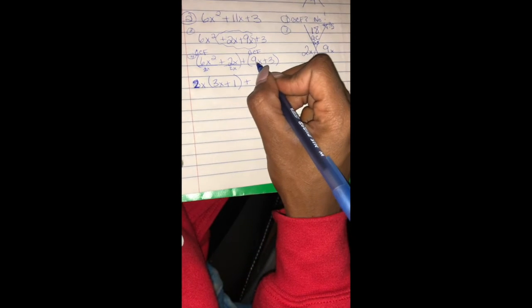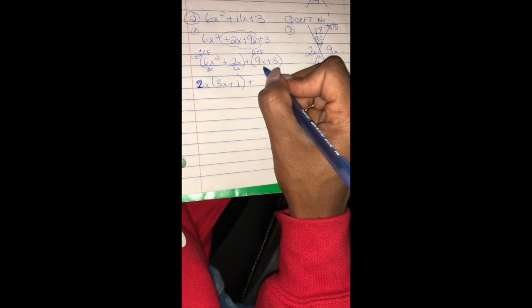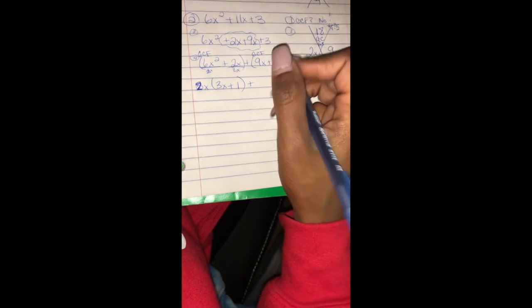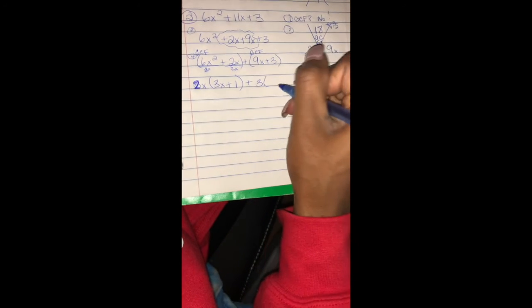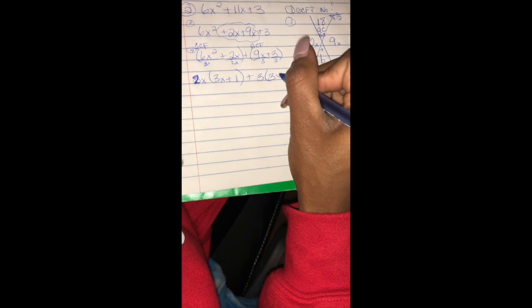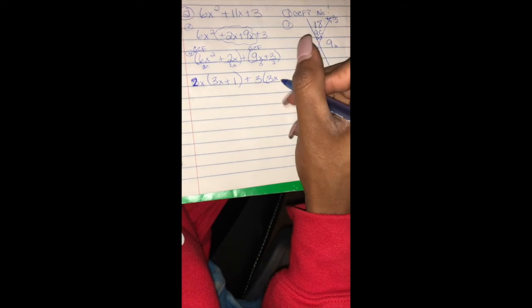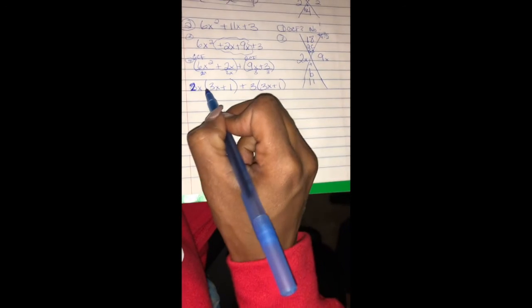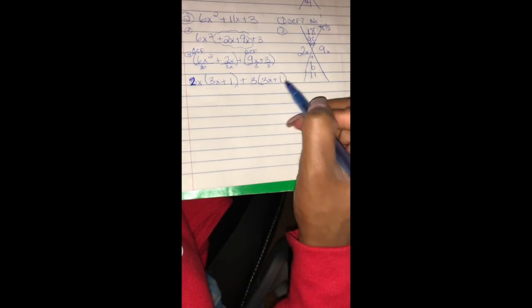Next, we need to find out if we have any greatest common factors here. We've got 9x plus 3. We can factor out a 3. We cannot factor out an x because both don't have an x. Now we divide by 3. 9x divided by 3 is 3x, and then 3 divided by 3 is positive 1. Now, you should always get factors that match here.